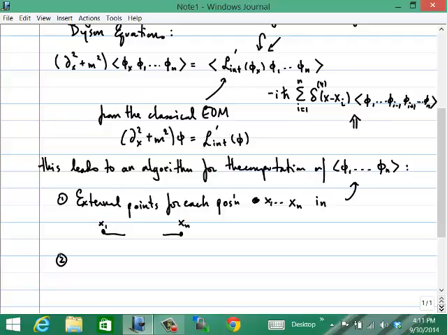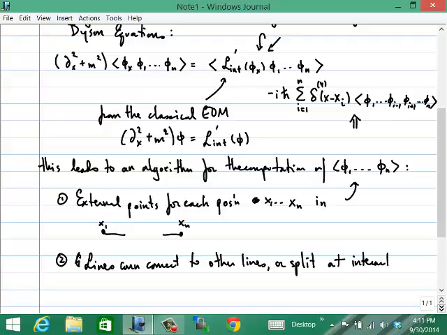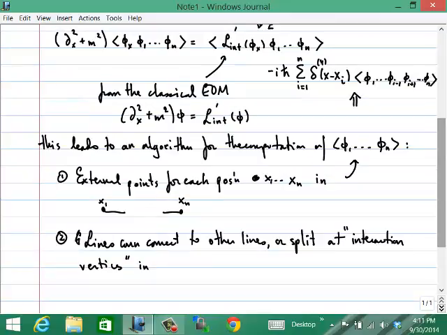And then you construct a diagram using the rules that lines can connect to other lines or split at an interaction vertex, and in a phi cubed theory they can split into two.